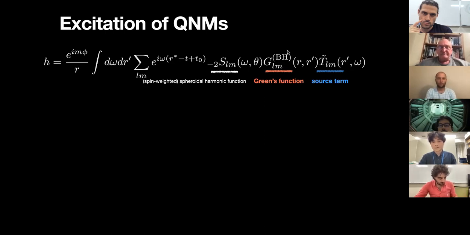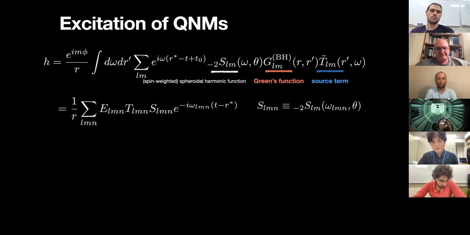Then the Green's function of a black hole has an infinite number of poles, so equivalently, the Green's function has quasinormal modes as poles. By using the residue theorem, this integration reduces to the summation over all the poles of the Green's function, and each pole is numbered by the overtone number n.